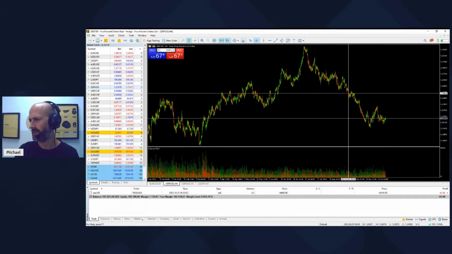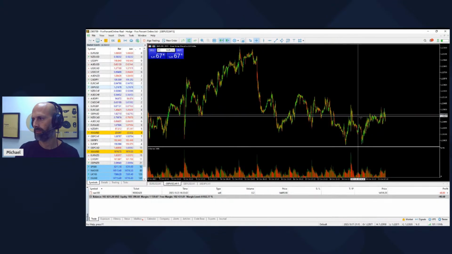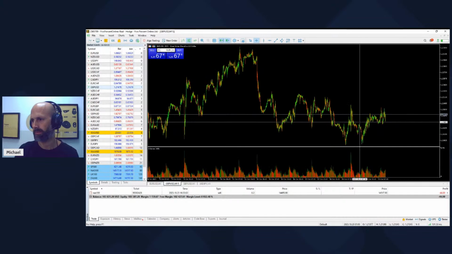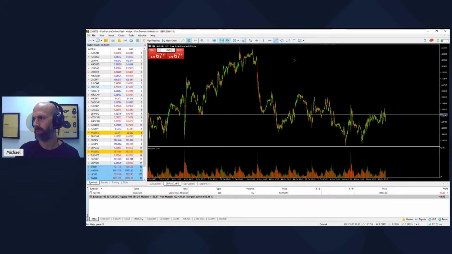On the hourly chart, let's go to a lower time frame. Okay, so one could be just waiting for that resistance, right? Breaking that resistance, pulling back to it, then trying to go long. One option.